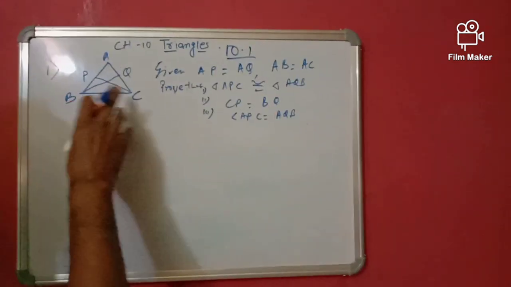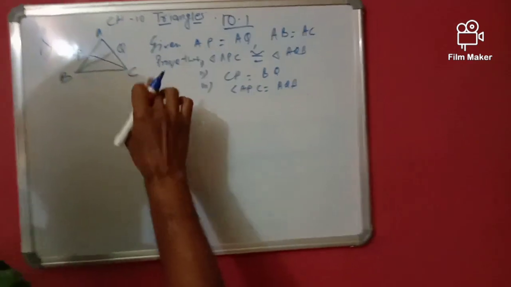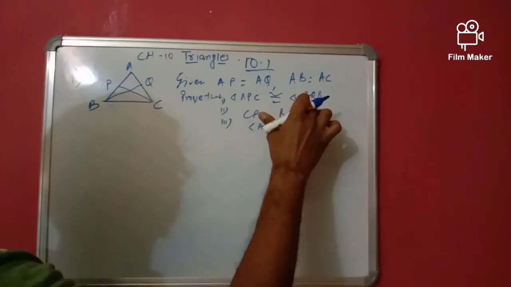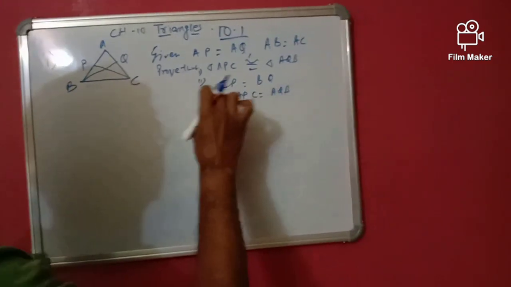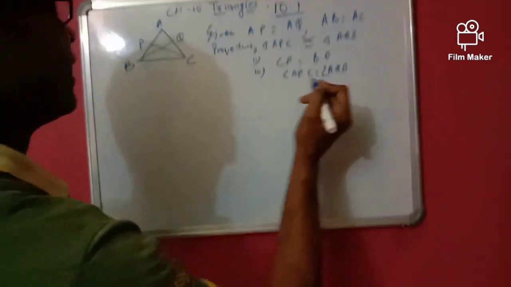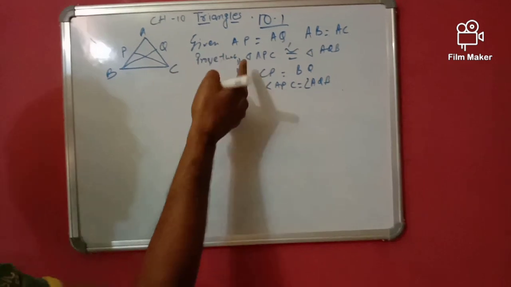See question number 1. ABC is a triangle, given AB equal to AC and AP equal to AQ. Prove that triangle APC is congruent to triangle AQB, CP equal to BQ and angle APC equal to angle AQB.